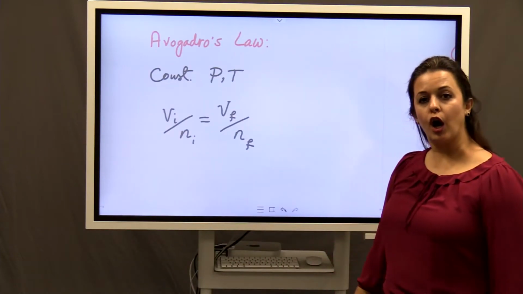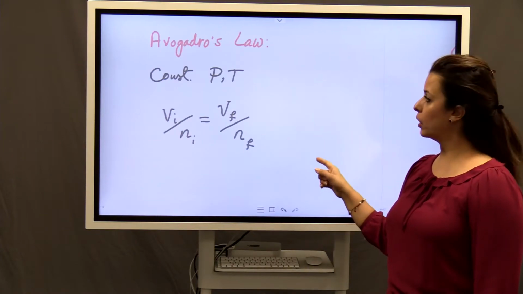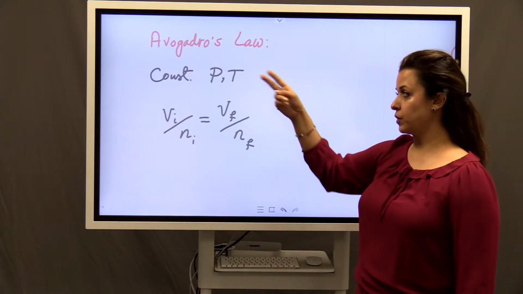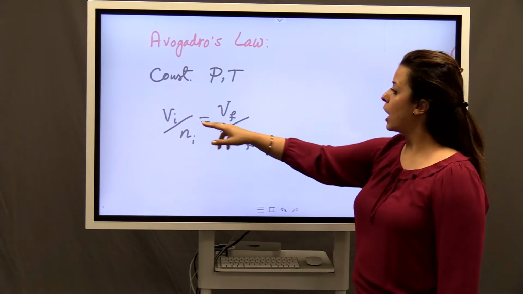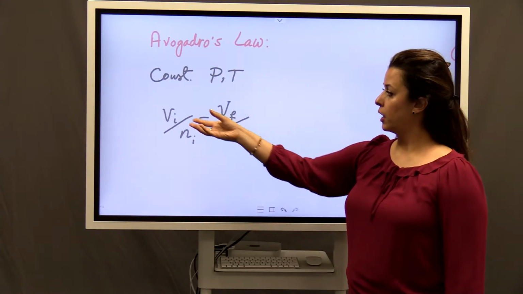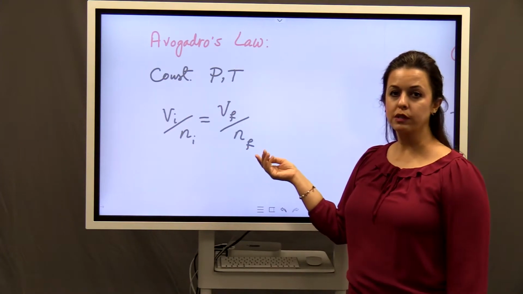The next law, which comes on your PowerPoint slides without a formula, is called Avogadro's law. Again, two of the factors are constant, pressure and temperature. And under constant pressure and temperature, equal volumes of gases have the same number of moles.